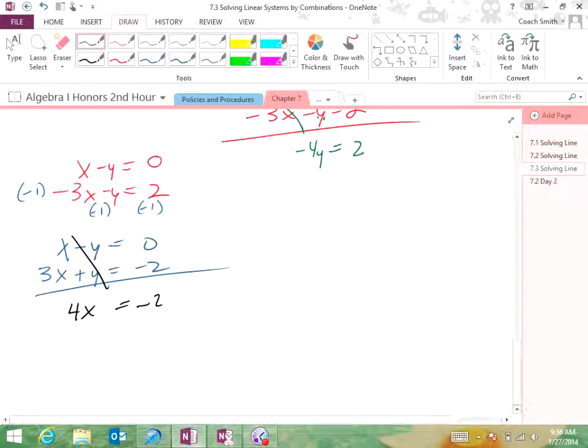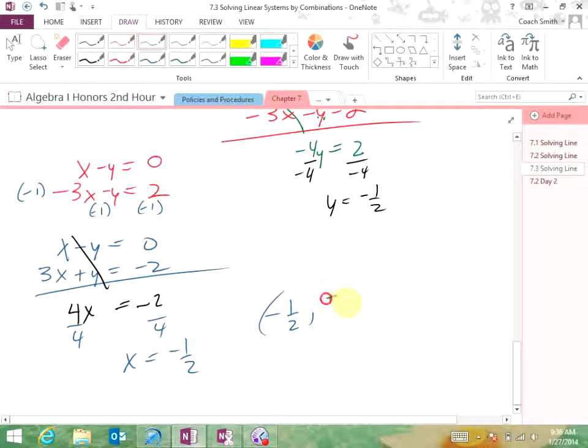Just showing you the two different ways to do it. If you divide by negative 4 here, that gives me y is equal to negative 1/2. If I divide by 4 over here, let me change colors there so we don't think it's a part of the problem. If I divide by 4 here, that gives me x is equal to negative 1/2. So your answer is negative 1/2, negative 1/2.